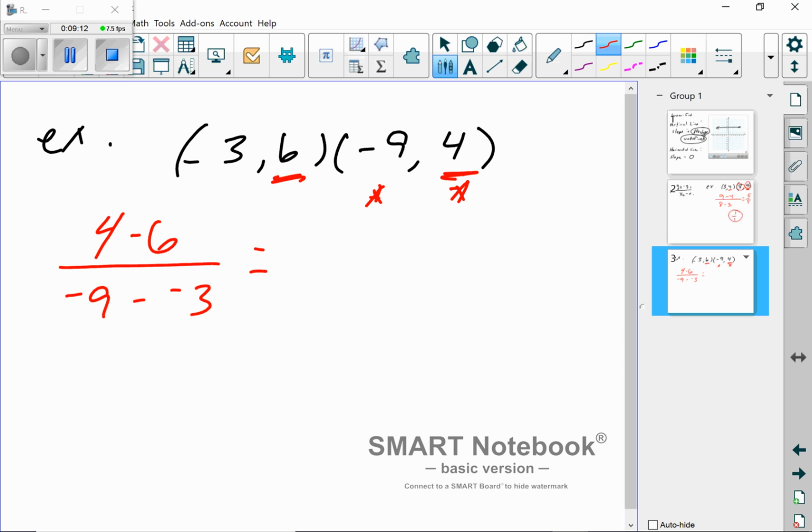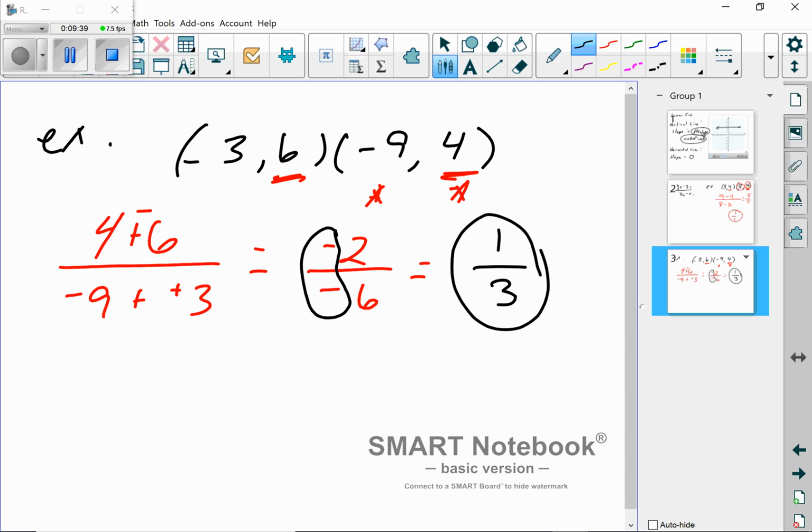I'm getting a -6 on the bottom and a -2 on the top. Okay. So those are the right answers. We just can't leave our answer that way. First of all, 2 negatives have to change to a positive. And 2 over 6 reduces to 1/3. So this is actually a positive 1/3 slope.